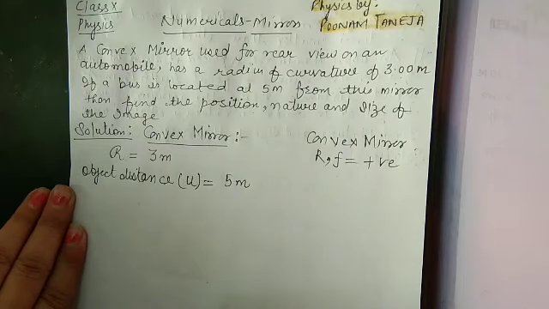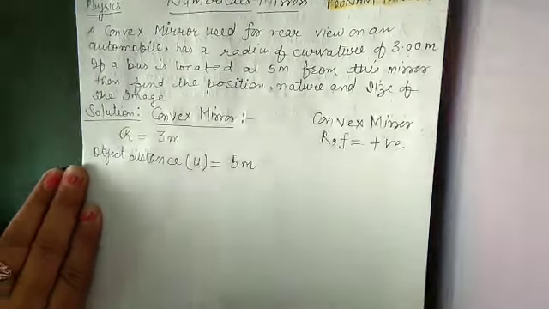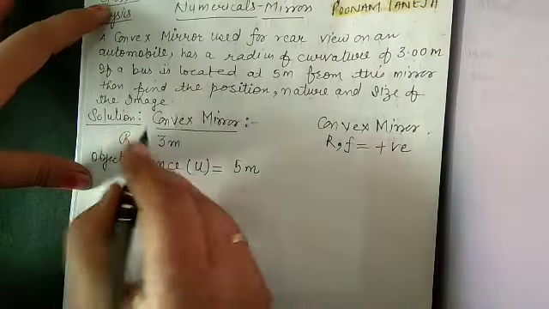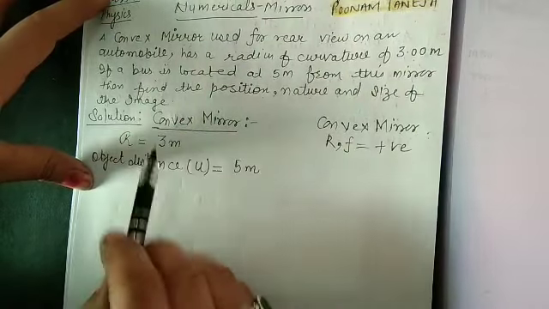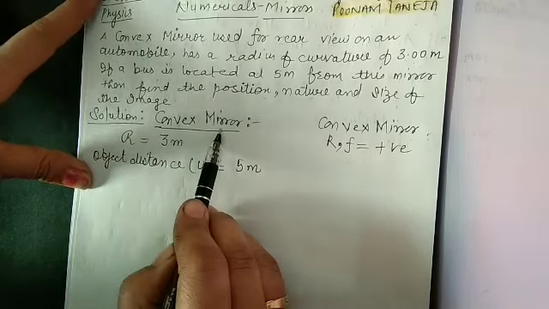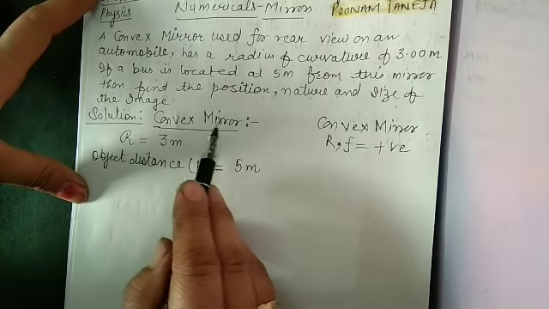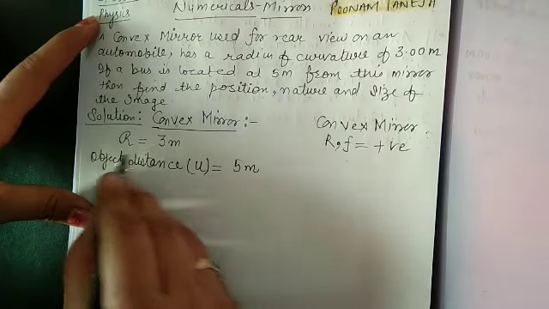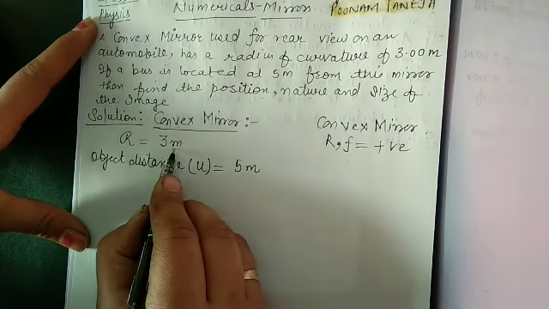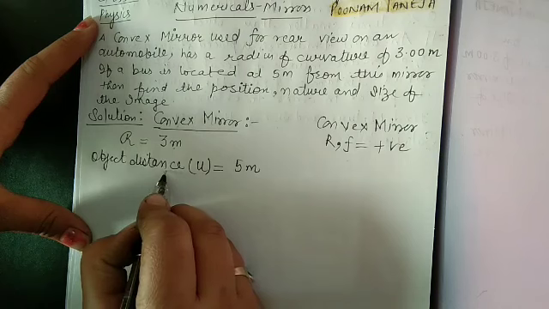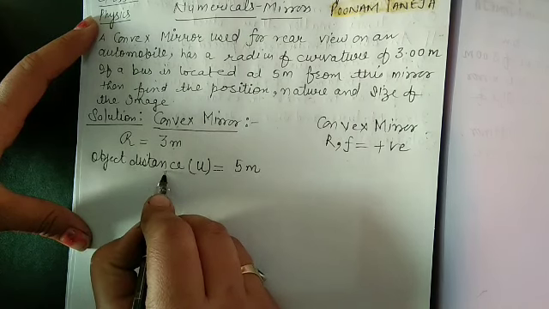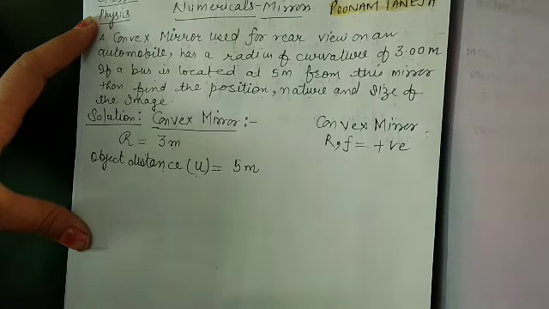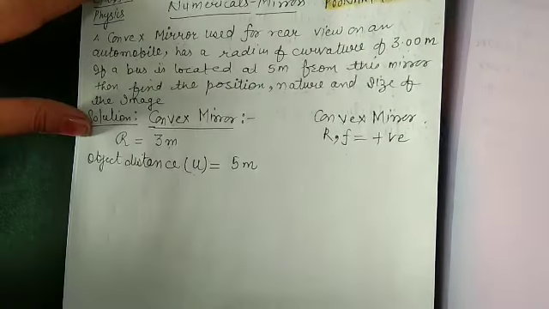Got it up to now? Now, what is given? How to write without any confusion? Firstly, mention the name, whether it is a convex mirror or concave mirror. If it is a lens, then mention convex lens or concave lens first. Radius of curvature is given, that is 3 meter. Object distance, u, is 5 meter.